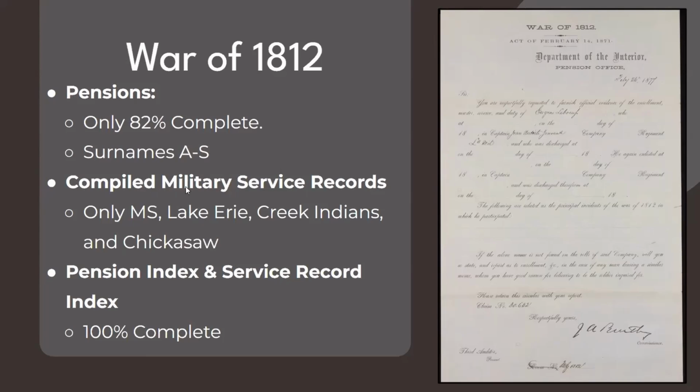Now, the compiled military service records, so the entire compiled service record, they only have Mississippi, Lake Erie, relating to the Lake Erie station, the Creek Indians, and Chickasaw. That is all they have that's been uploaded to Fold3. However, there is both a pension index and a service record index that is 100% complete.